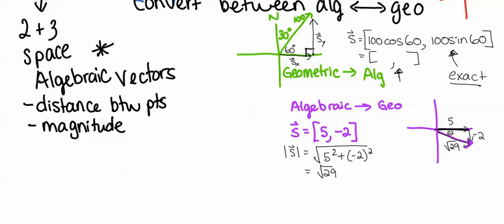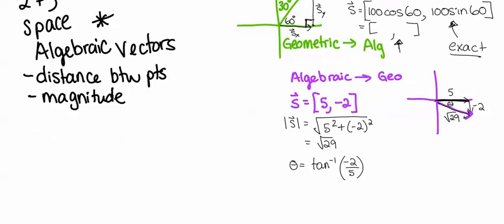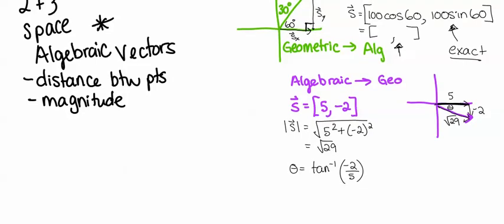So if I want to find that angle, I can just use inverse tan of -2/5. I'm definitely going to need a calculator for this, so just one sec. Okay, calculator.